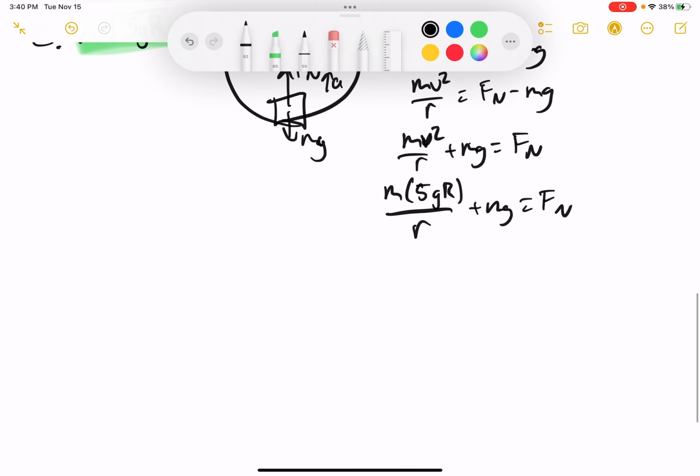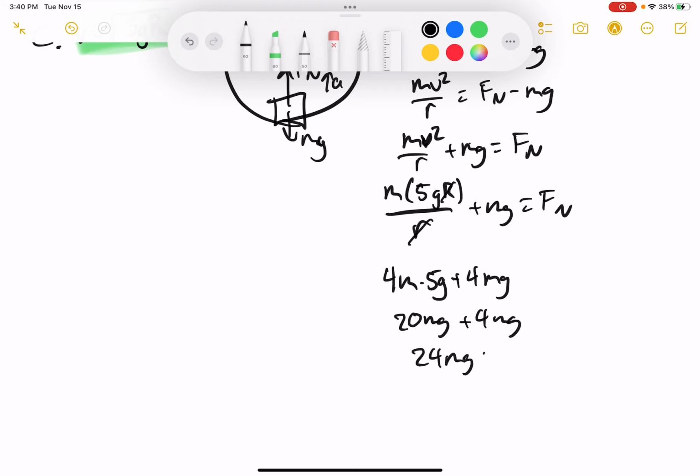So these r's will cancel, and I'm left with 4m times 5g plus 4mg. So I have 20 mg plus 4 mg, so I get 24 mg equals Fn. And so that will be my final answer. So 24 mg is Fn.